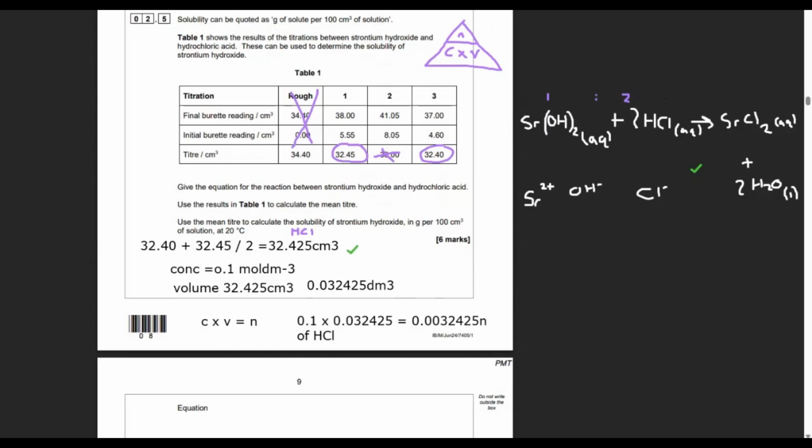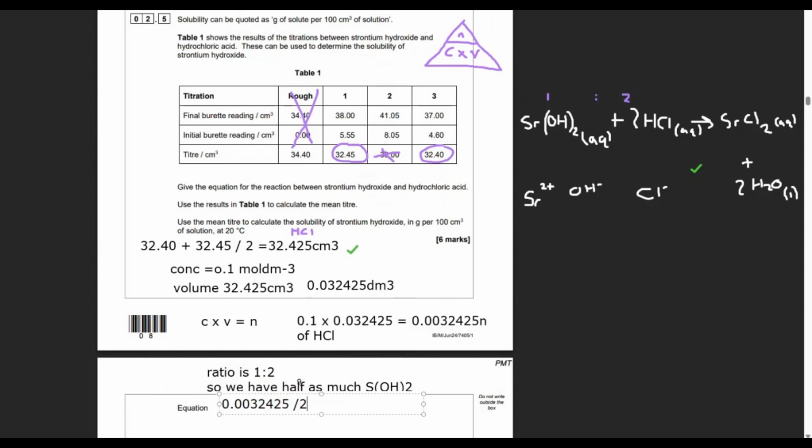So I need to do my next calculation. The ratio is 1 to 2, so we have half as much Sr(OH)2. So I'm going to need to do 0.0032425 divided by 2.